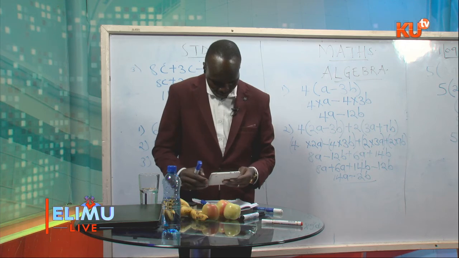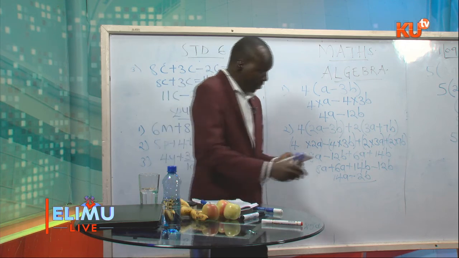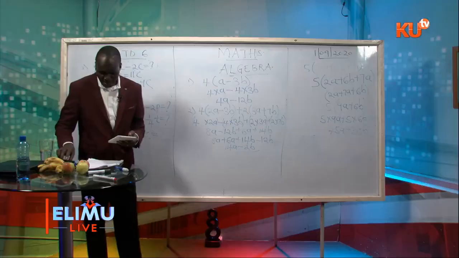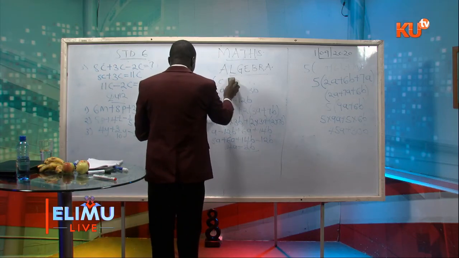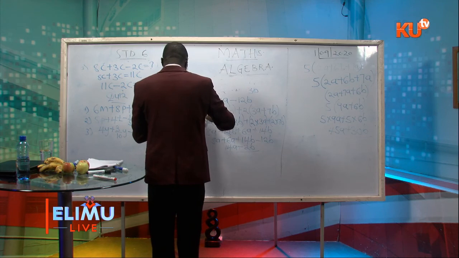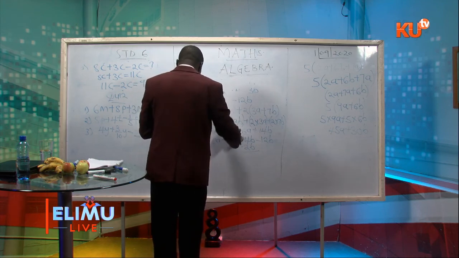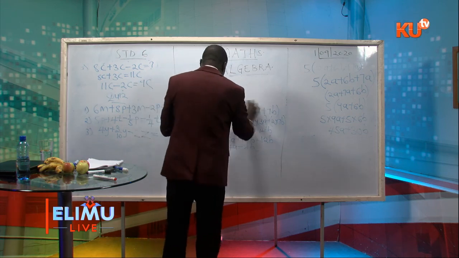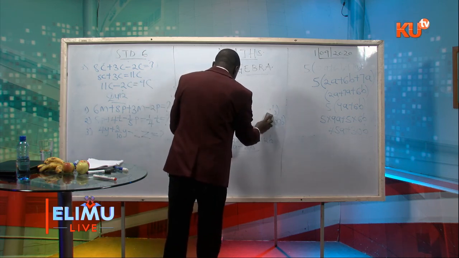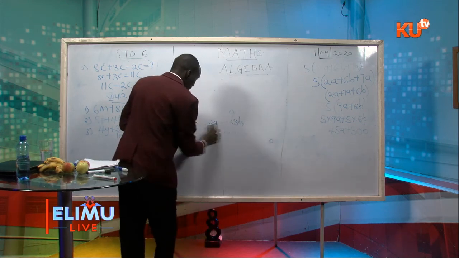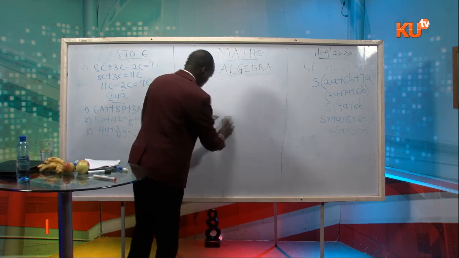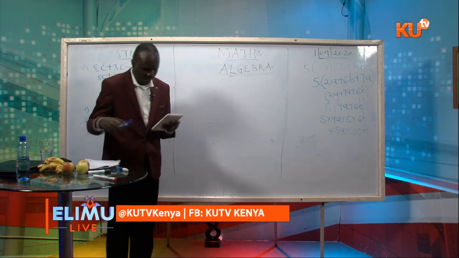Okay. We have another question. Let me write it out here. That is 18a minus 4a plus 2a minus 5a. Let me work it out.